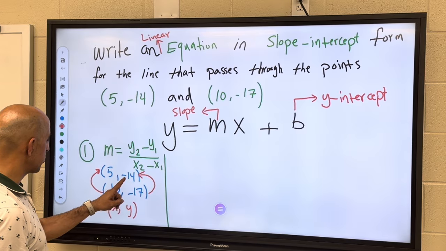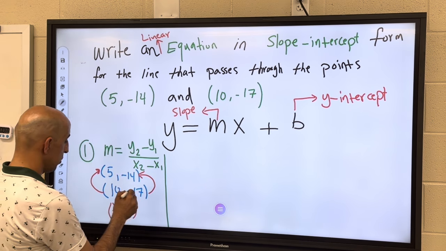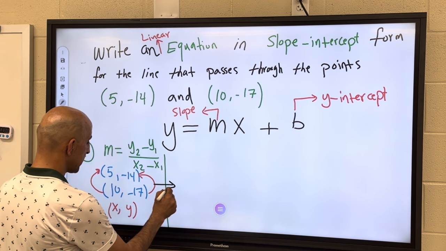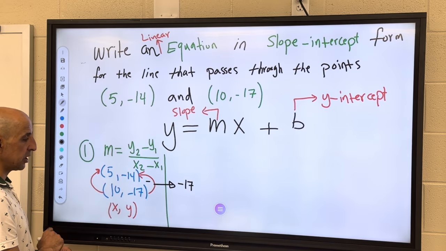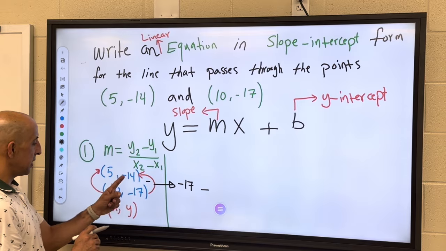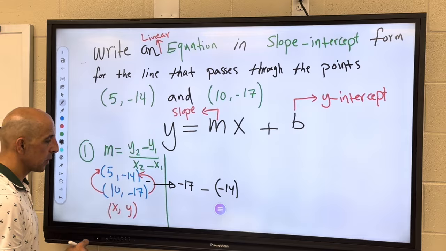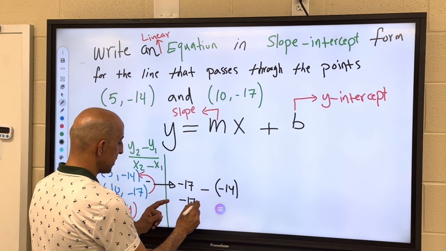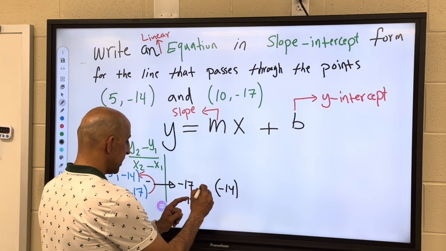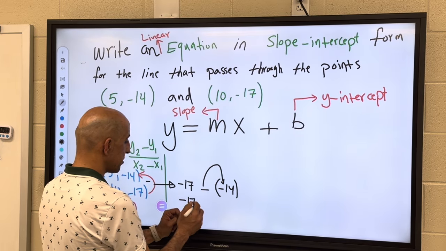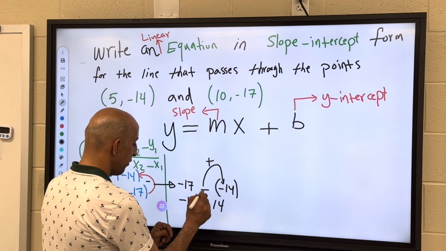Now, let's start with negative 17, for example. So we write negative 17. What we need to do is subtraction, so we subtract negative 14. It turns to be like this: negative 17, and negative times negative will end up with positive, so we have positive 14.